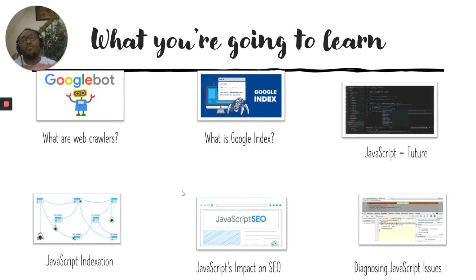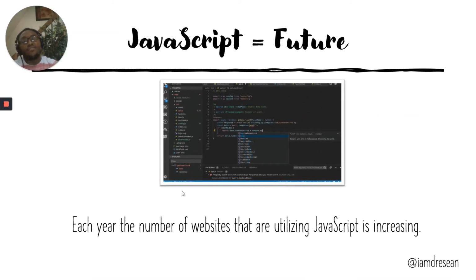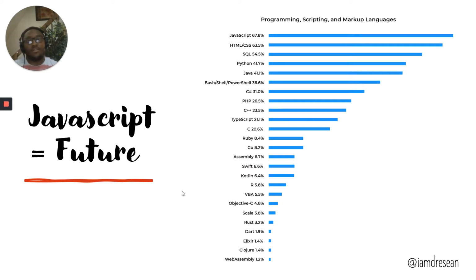So let's talk about why I believe JavaScript is the future, and why, as an SEO, it's important to understand how JavaScript works. Each year, the number of websites that are utilizing JavaScript is increasing. It's increasing like crazy, actually. One of the ways I want to show you that is if you look at some of the data and statistics and what the data is telling us, right?